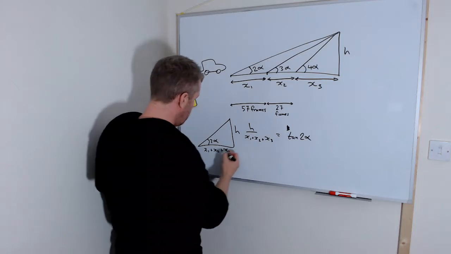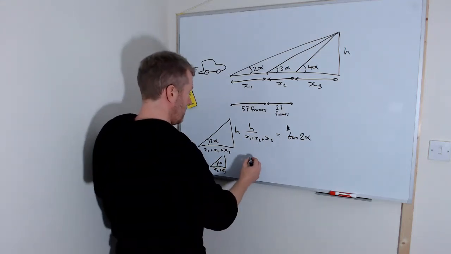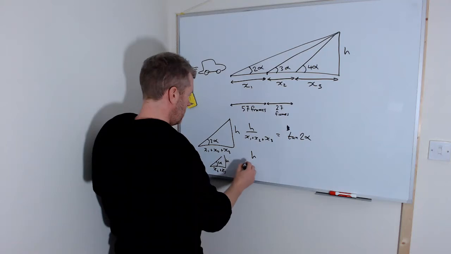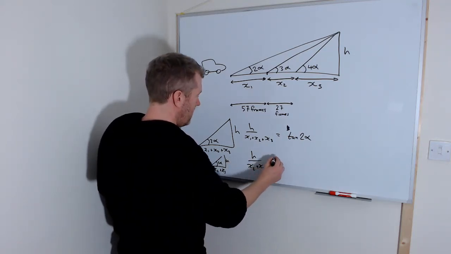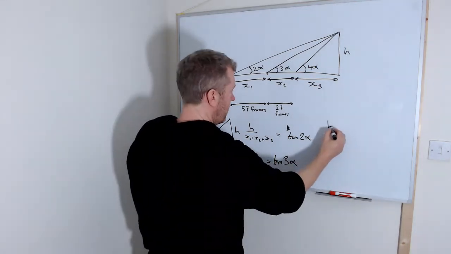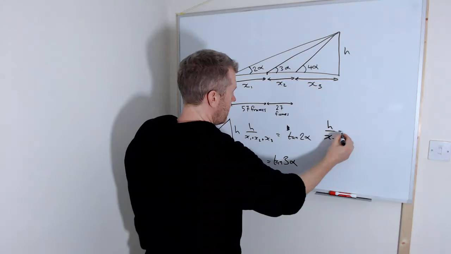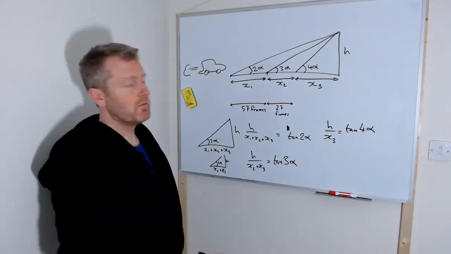The second triangle will give us, that's 3 alpha, and that's just the two of them. So we have h over x2 plus x3 equals tan 3 alpha, and similarly h over x3 equals tan 4 alpha.